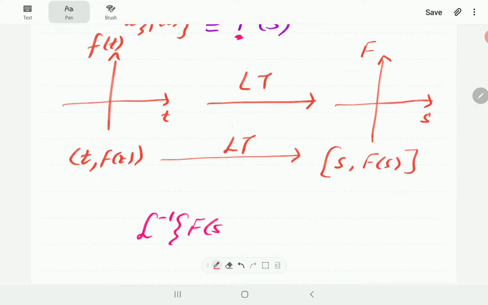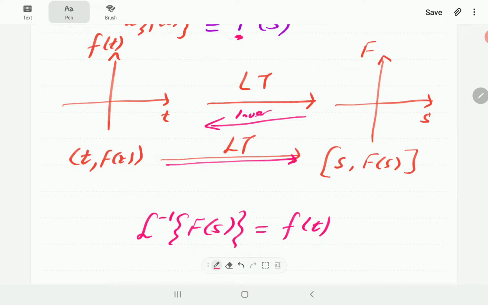If we take the inverse Laplace transform of F of s, this is going to give us small f of t. So the Laplace transform is taking us this way, and the inverse Laplace transform is taking us backwards.